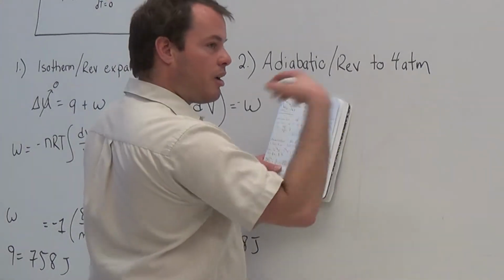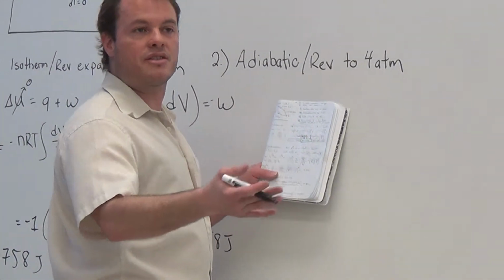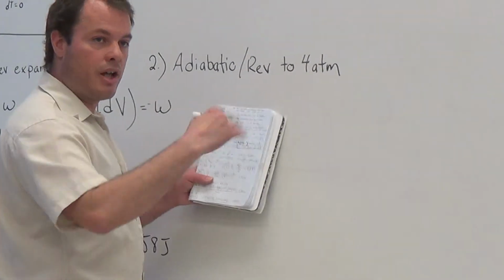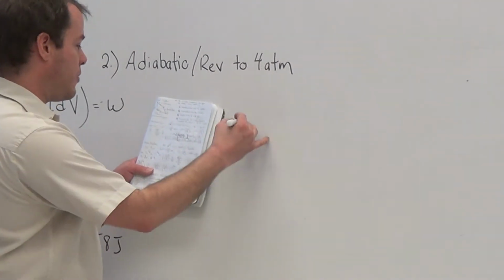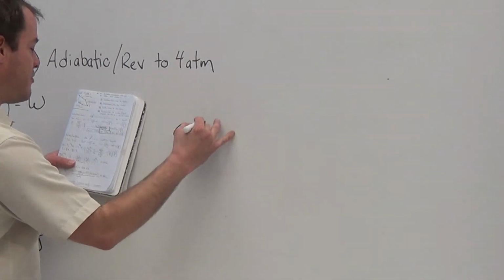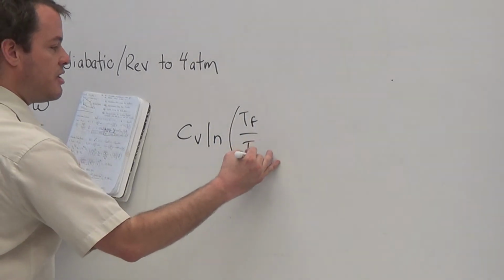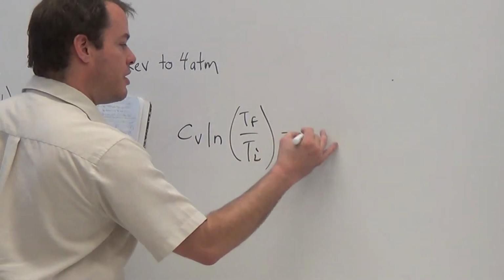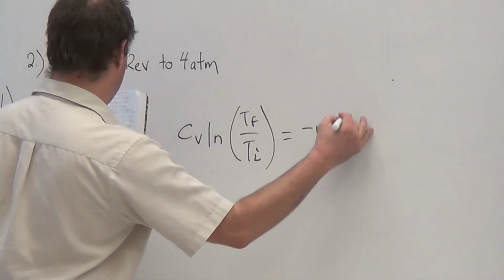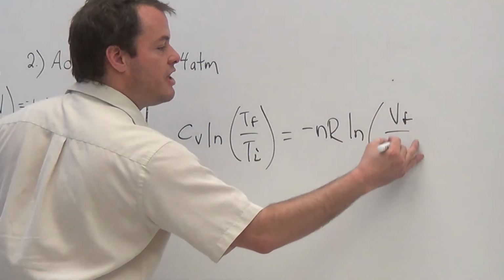If you set the appropriate conditions for adiabatic processes, which is that Q is 0, and run the integrations, you end up with the expression that Cv times the natural log of T final over T initial is equal to negative nR times the natural log of V final over V initial.